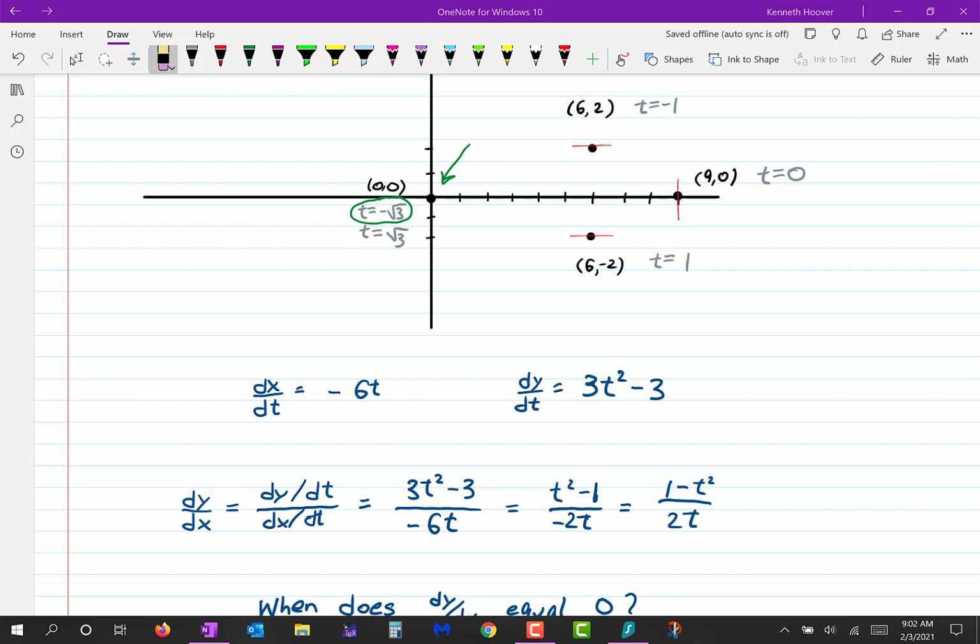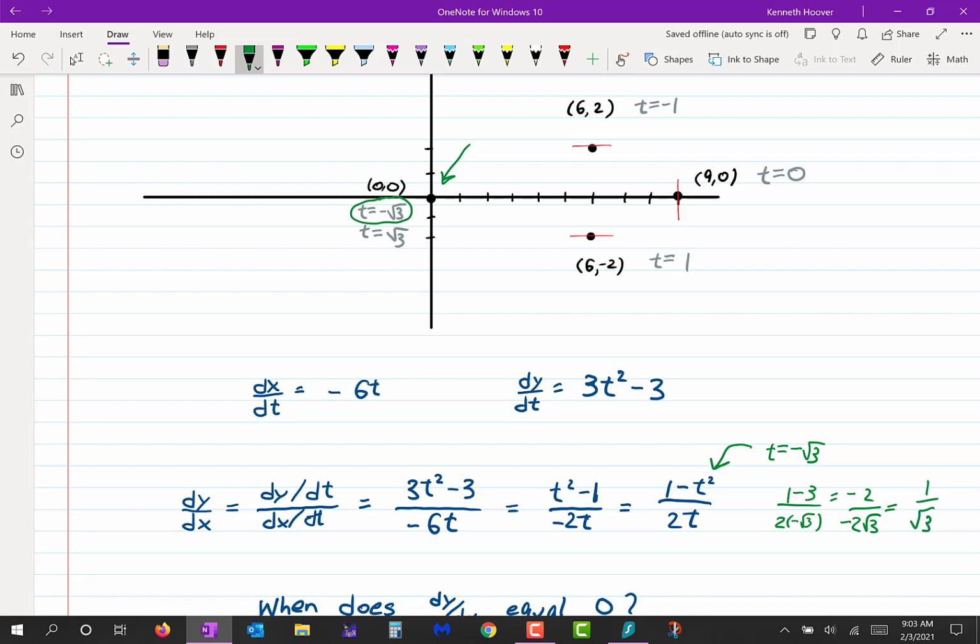Okay, so I'm going to take negative square root of 3 and I'm going to plug it into here. Let's see what we get. We'll get 1 minus 3 over 2 times negative square root 3. So that's going to be negative 2 over negative 2 root 3. So we get 1 over root 3.